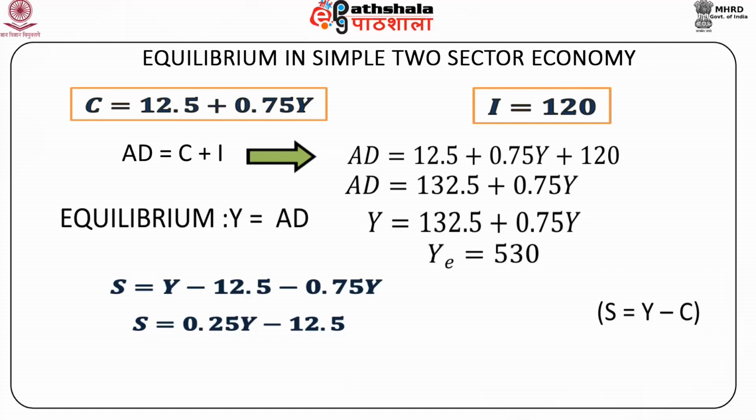Substituting the value of y, that is 530, in this equation, we get S is equal to 0.25 multiplied by 530 minus 12.5, which is equal to 120, and which is finally equal to the investment. Hence, at this output level, savings is equal to investment.